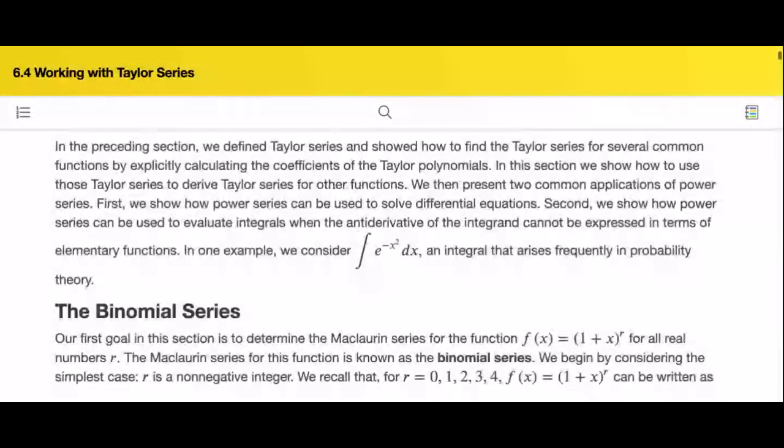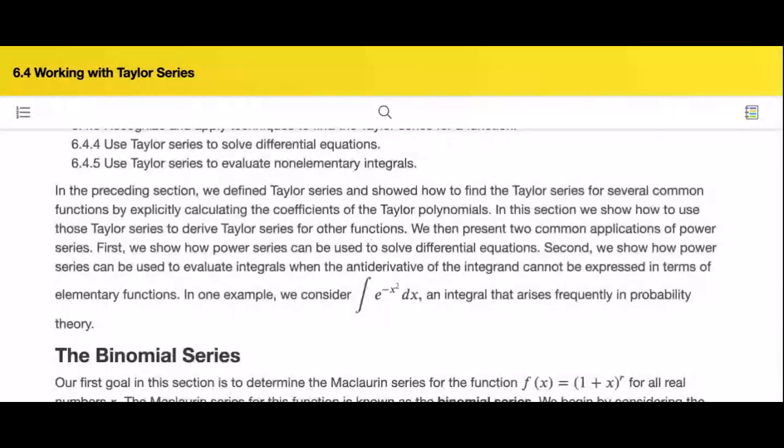In the preceding section, we defined the Taylor series and showed how to find the Taylor series for several common functions by explicitly calculating the coefficients of the Taylor polynomials. Remember that? We basically use the Taylor series definition and find the derivatives of a given function, then we just evaluate at the center.